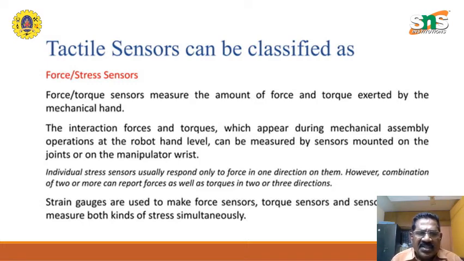Individual stress sensors usually respond only to force in one direction. However, a combination of two or more can report forces as well as torques in two or three directions. Strain gauges are used to make force sensors and torque sensors, and measure both kinds of stresses simultaneously.